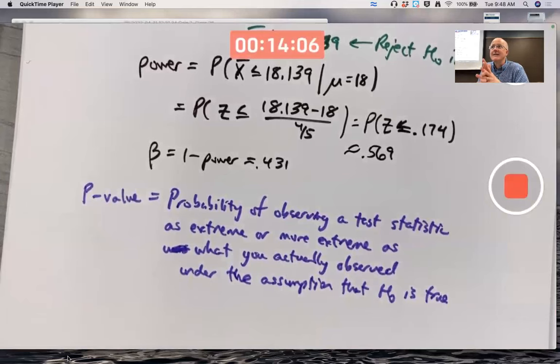It's just habit, tradition. If the p-value is really small, then you have observed something rare when the null is true. Therefore, we think the null is false. Don't ever think that the p-value is the probability that the null is true. That's the common misperception. Oh, the p-value is the probability that the null is true. It's small, therefore we think the null is false. No, that's not what it is.